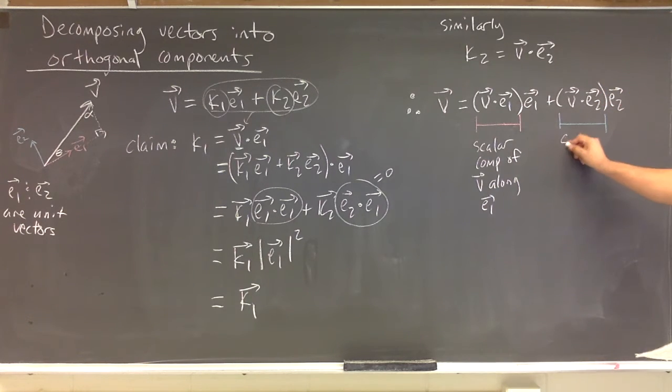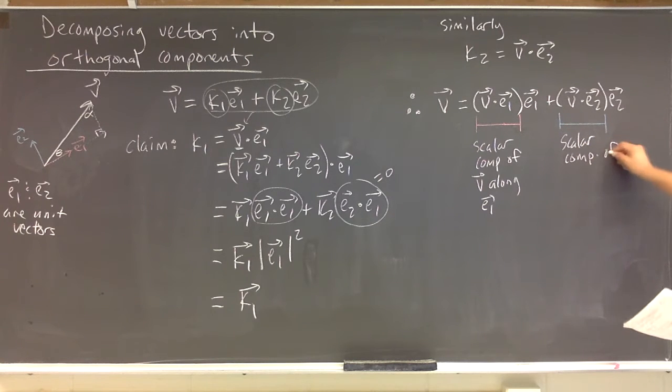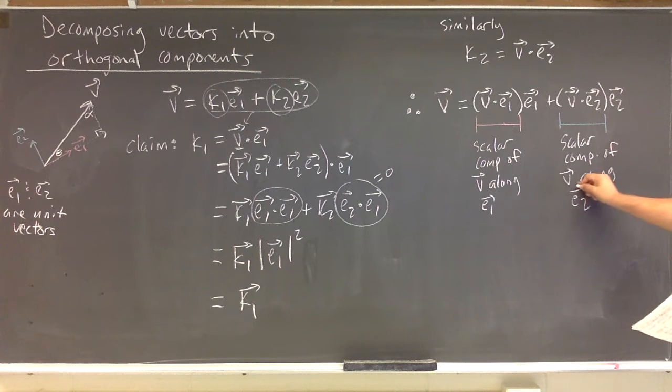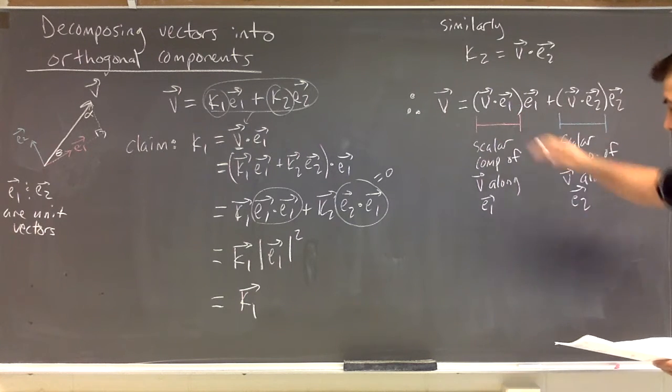And similarly, this is the scalar component of V along E2. So just clarifying another interpretation for these values here.